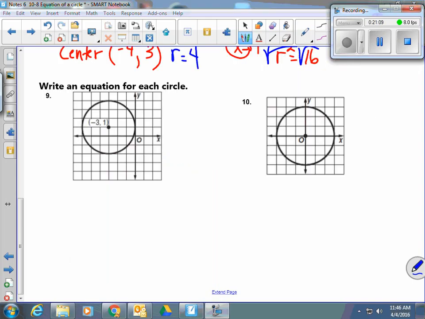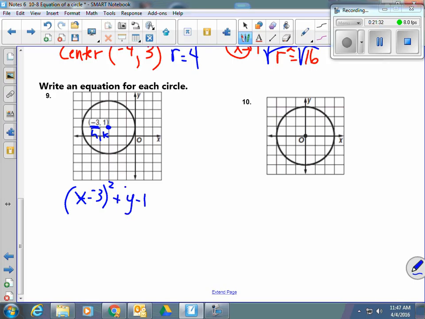Okay, somebody tell me, what would we call this point right here? The center. So what would I say negative 3 was called? What letter would we use? H, very good. And what would 1 be called? Okay. So it should be x minus a negative 3 squared plus y minus 1 squared.